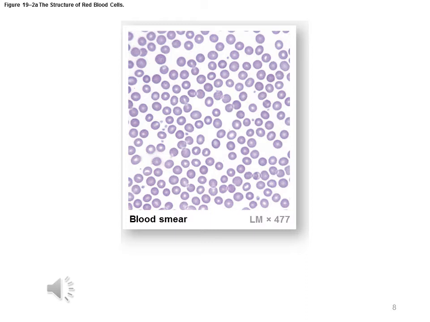Those little teeny tiny, very light colored fragments, those are actually your platelets. And there's actually a few, if you looked in here, you can see a couple of your white blood cells. So when you're looking at a slide, all those little purple dots, they are actually red blood cells.